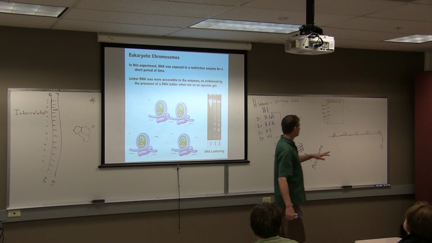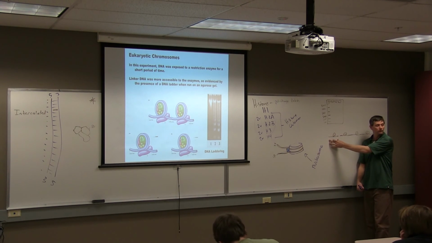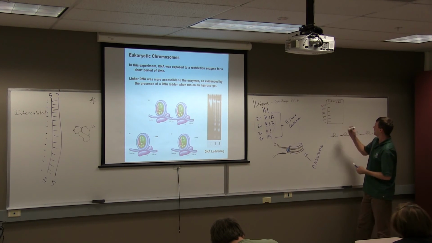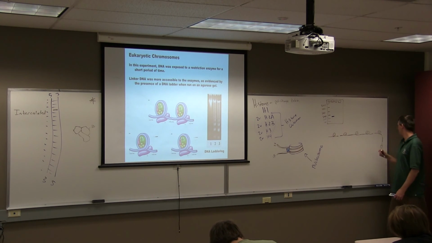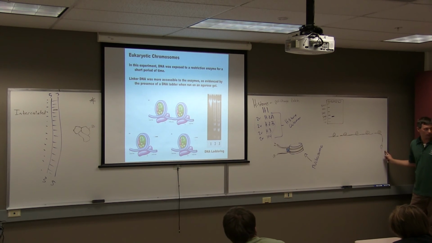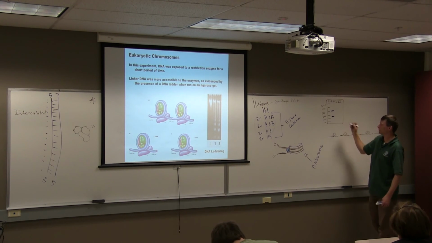It's okay. So this one is about 250 to 300 base pairs right here, right? So we would expect to see a band right here. This is 2 nucleosomes. This is about twice the size, right? 500 or 600, we'd expect to see a band right there.